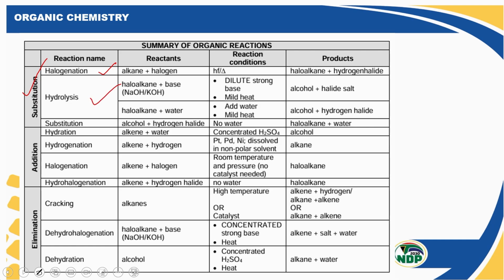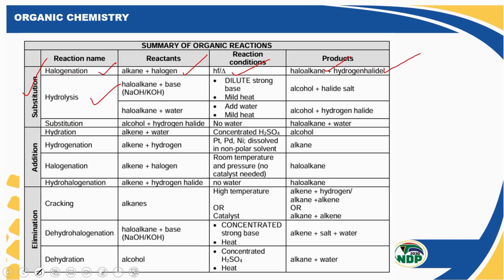Now, if you look at your halogenation, that's when an alkane is reacting with a halogen. There are reaction conditions. The reaction condition for all your substitution is mild heat. Now, for halogenation, mild heat is the reaction condition, and as products, you'll get your haloalkane and your hydrogen halide.